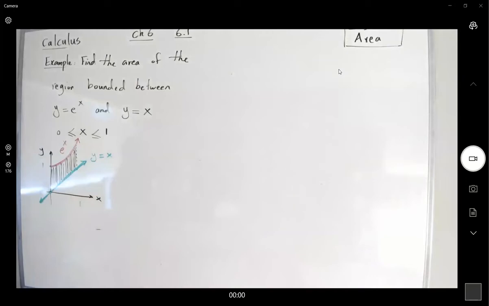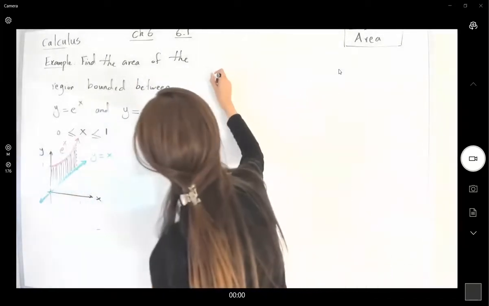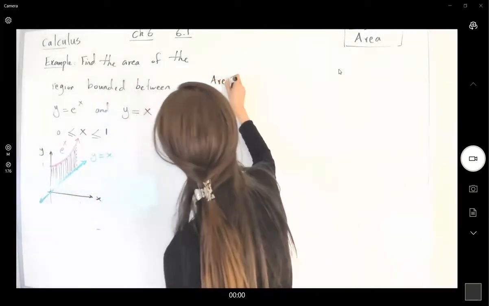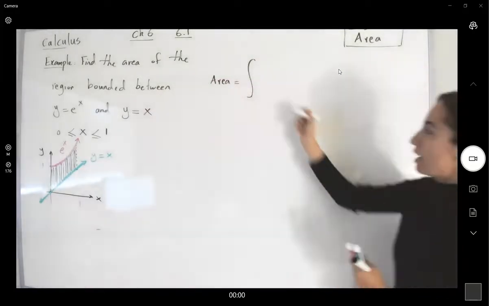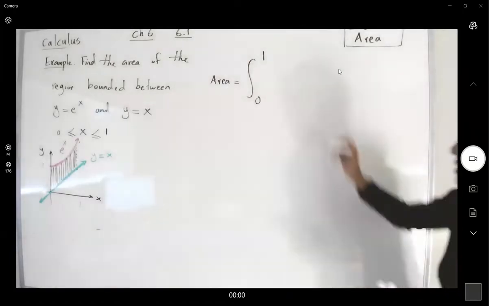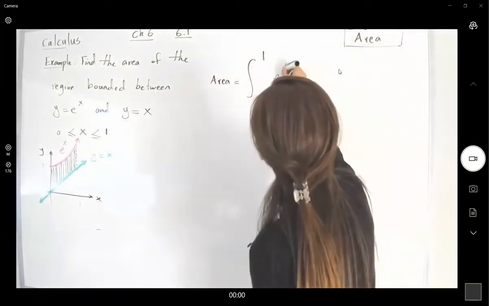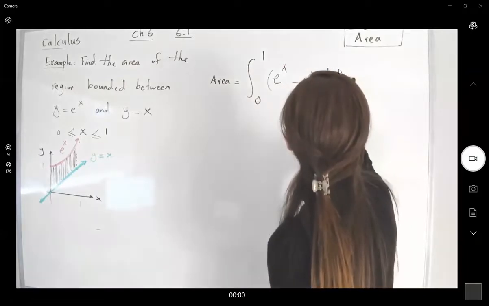Very well. So I know the formula says the area is equal to the definite integral, where x is bounded between 0 and 1, of e to the x minus x dx.